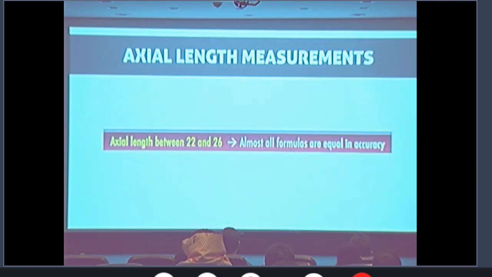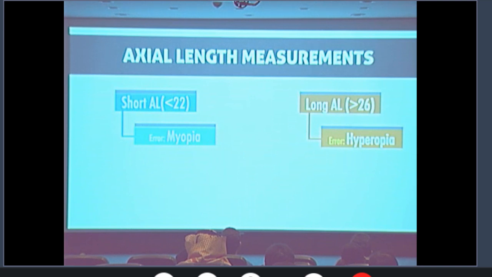Axial length measurement. Usually the average axial length is between 22 and 26. You will have different sources, and some will mention 26.5, 25, 22, 25.5. However, almost all the formulas are equal in accuracy if the axial length is in this range. But if it's short axial length, usually the error will be myopia.